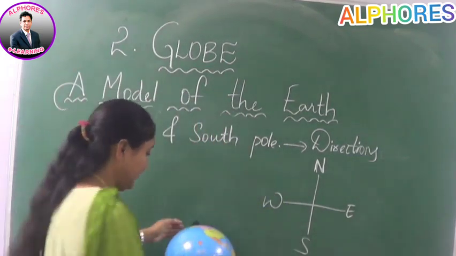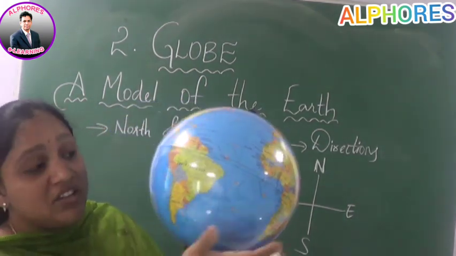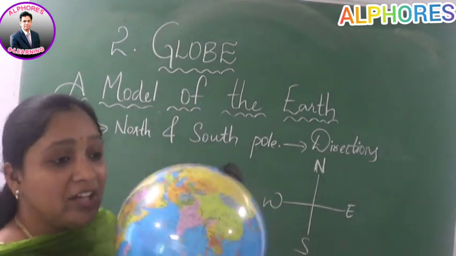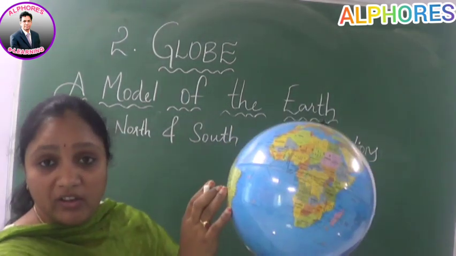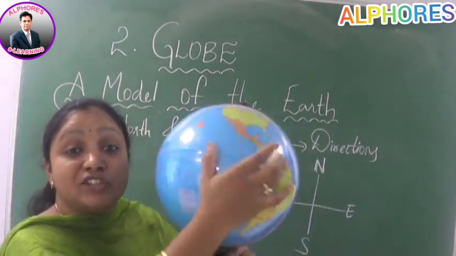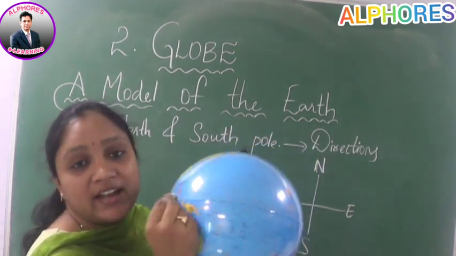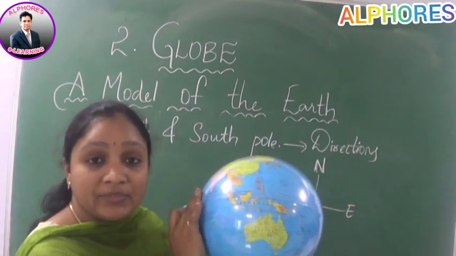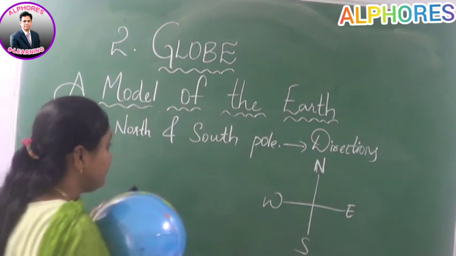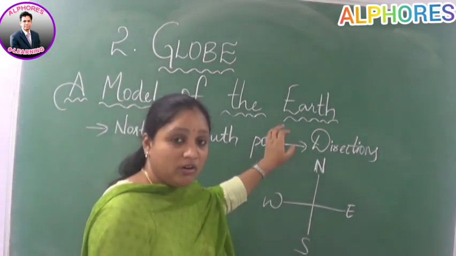And one more thing, when we rotate the globe and look at the places, children, don't come from east to west, because the earth rotates from west to east, in this direction. Okay, from west to east.